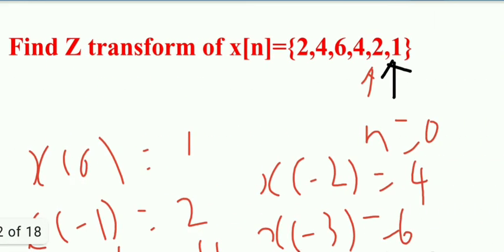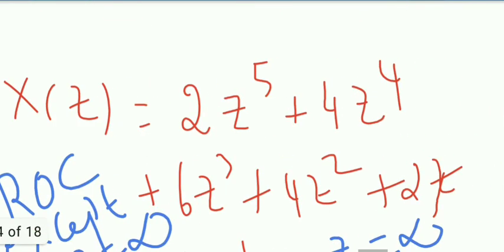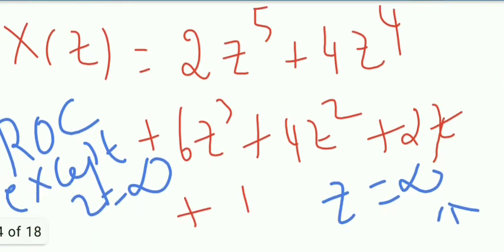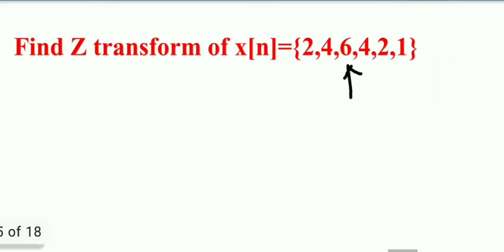In this problem all the n values are negative, that is, the signal lies in the left hand side. It is a left hand side signal. Here ROC can be found everywhere except z is equal to infinity. So for a right hand side signal we can find the z transform except at z is equal to 0. Similarly for a left hand side signal we can find the z transform except at z is equal to infinity.